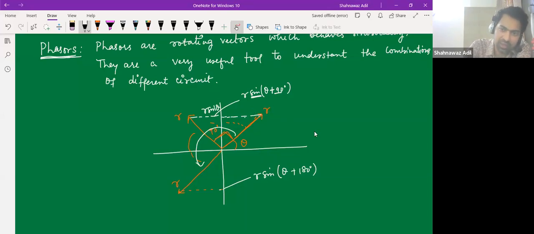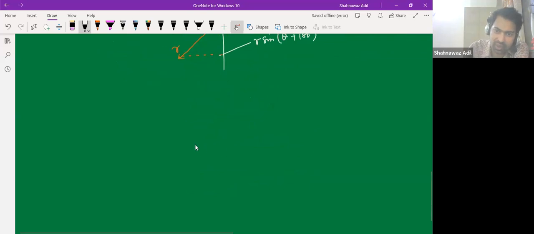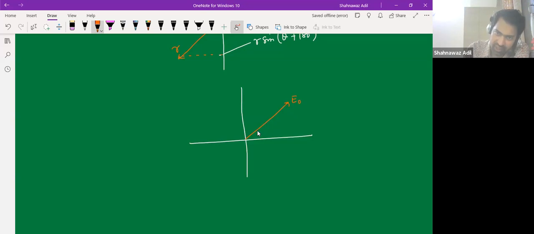So now let us make the actual diagram. We have this phasor whose magnitude is E naught and the angle is omega t. Then the vertical component would be E naught sine of omega t.